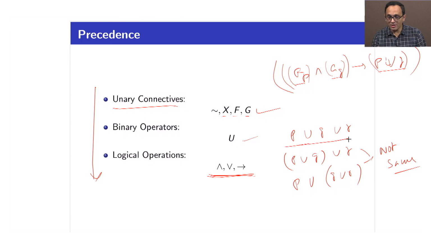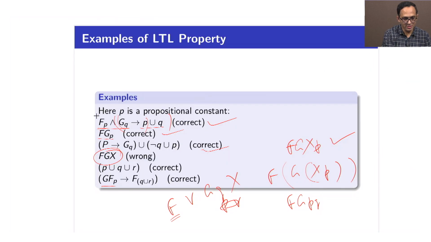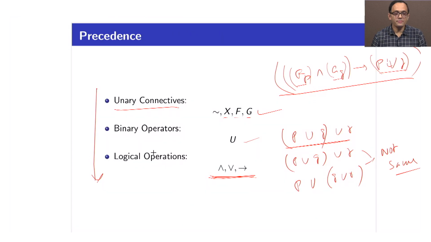So, you should not write a property like this which is ambiguous. If you want this, you put a bracket here. If you want this, you put a bracket here, right. Similarly, here also, if you want this, you should put a bracket here, right. So, if you want this, you should put a bracket here and you put a bracket here and so on. Whatever you want, you put parentheses. So, then there is no confusion or ambiguity in your formula, okay.